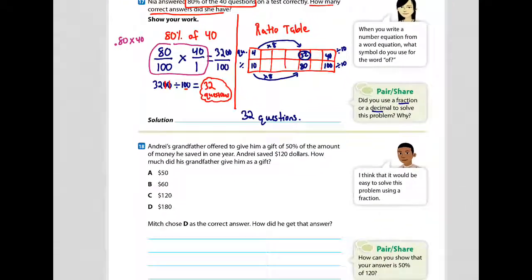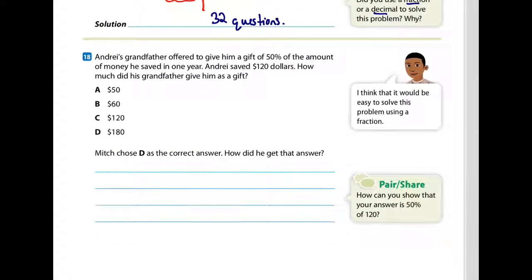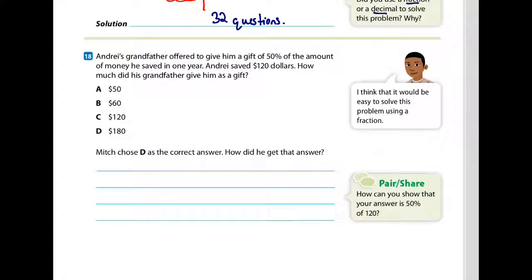All right, now, in number 18, this is the last one we're going to do here. It says, Andrea, I don't know. Let's say Andrea. Andrea's grandfather offered to give, oh, it can't be Andrea, that's a girl's name.